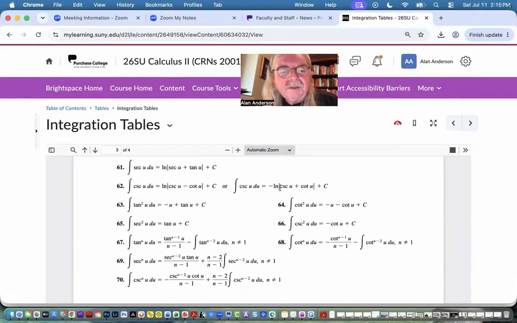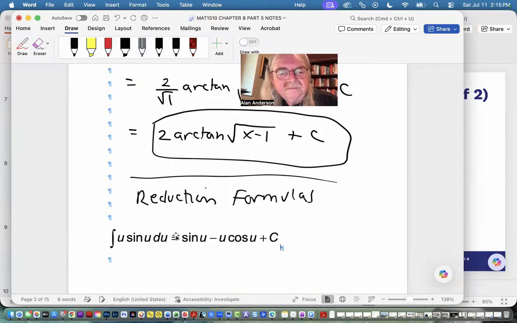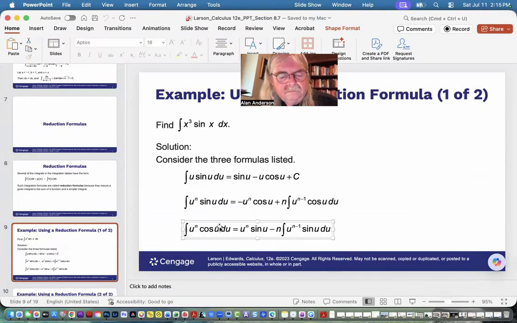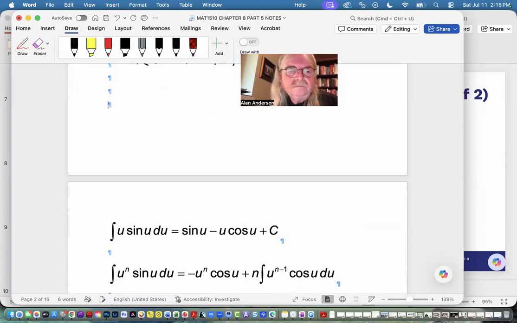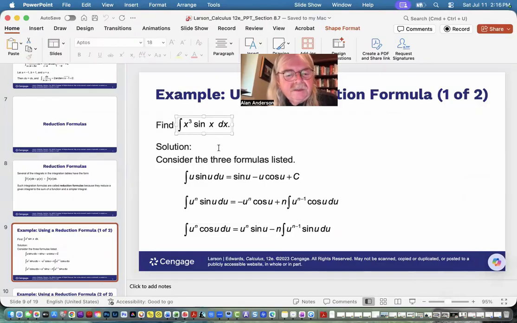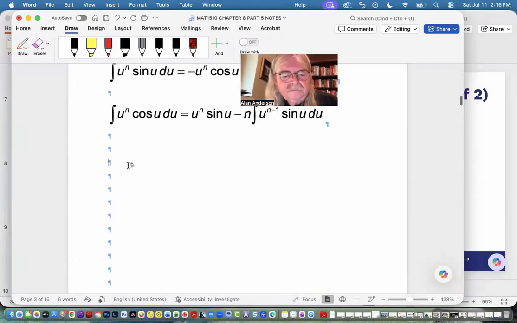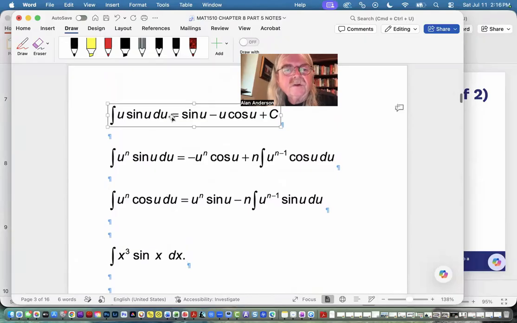All right. So again, let me just copy these real fast. All right, so let's see what examples they have. X cubed sine x. So that would be u to the n sine. That would be this first one, of course.